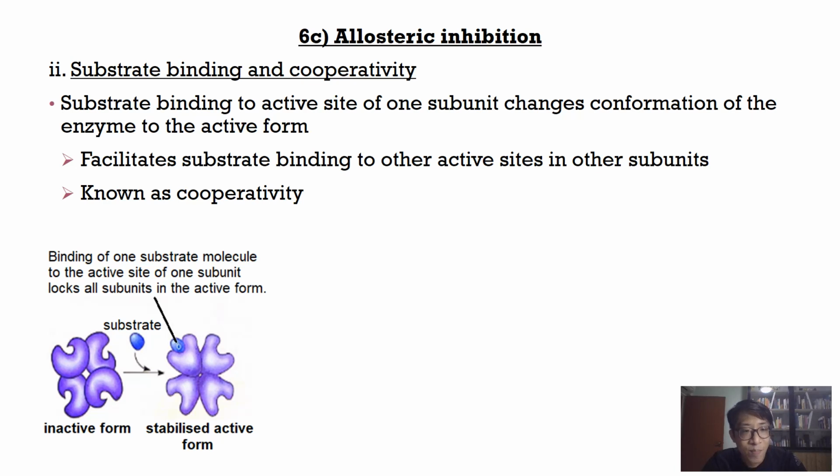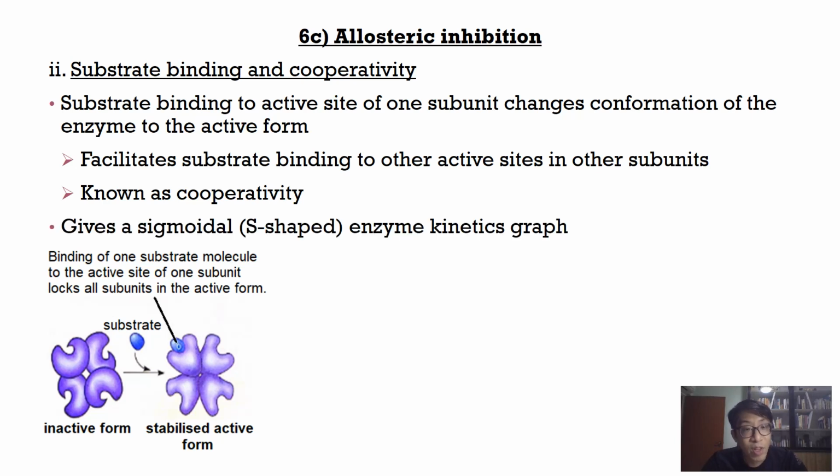But once a substrate has bound to one of the active sites, it changes the conformation of the entire enzyme to the active form, and that allows the other active sites to receive substrates more easily, because it now has a higher affinity for the substrate. So this is again the cooperativity.